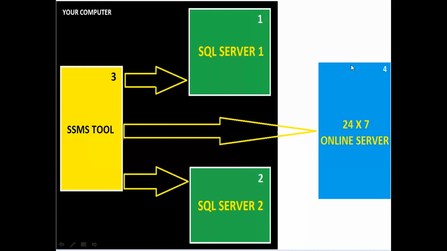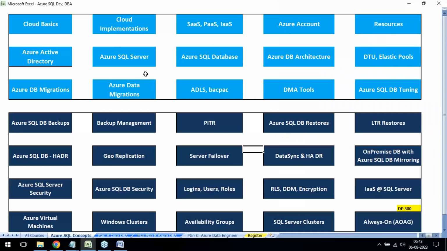In our classes, we have 3 servers: 2 local in your computer, one online, our license server. We need to have complete hands-on with all these concepts. Then we are ready for the actual Azure activities.